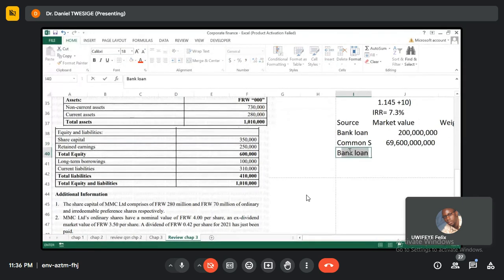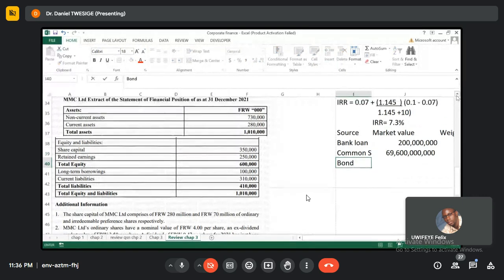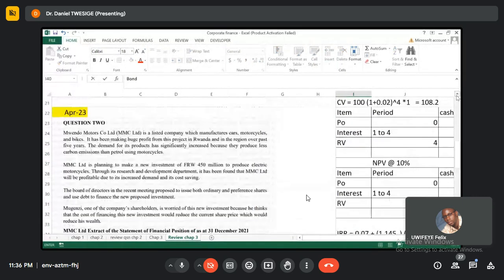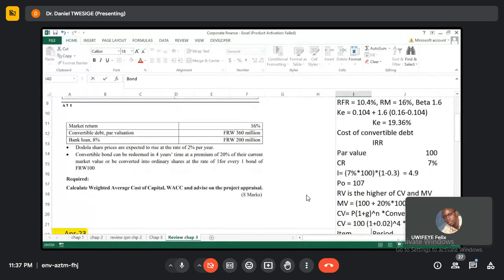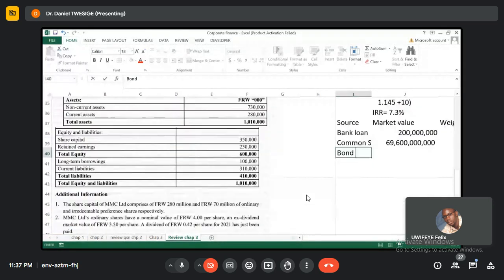Then the convertible bond, our bond, it will be 360 million divided by 100 times 107. Isn't it? Please check for me, 360 million divided by 100 times 107.